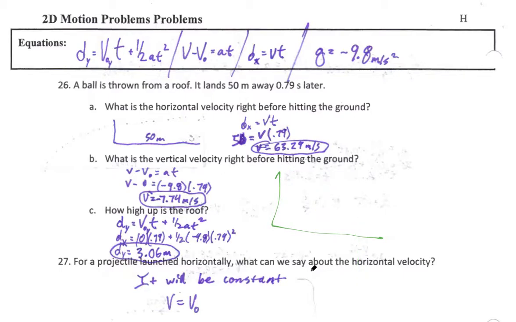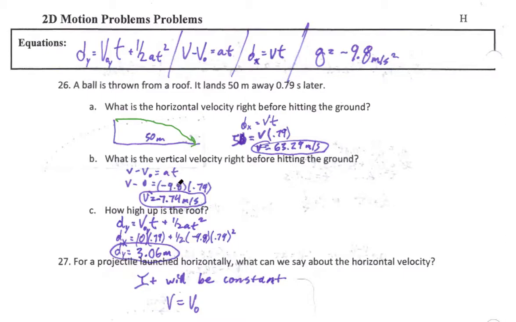Okay, so our initial velocity then, again, that's 0. It hasn't started falling at its initial point where it's just sitting there. Our v final we're not sure of, but we do know that our time, it took 0.79 seconds to hit the ground in the vertical direction, so it also took 0.79 seconds to hit the ground in the horizontal direction as well.